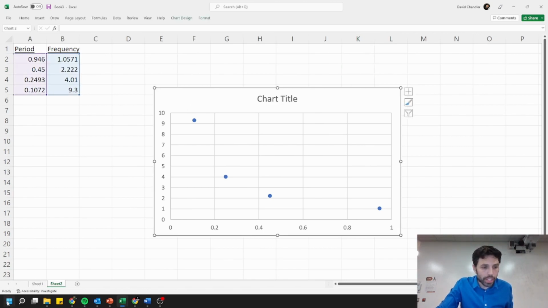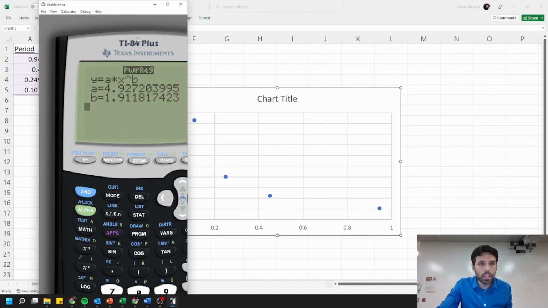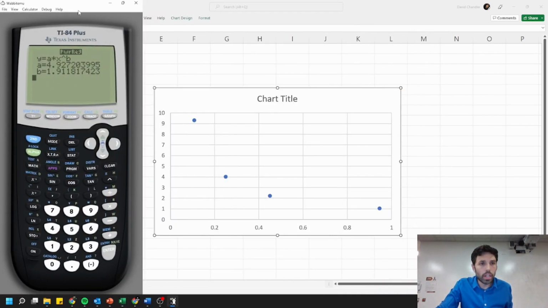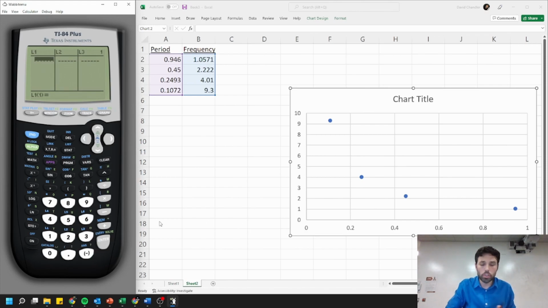To do that, I want to get out my calculator, and I'm sure there's a way to do this in Excel, but I'm not sure what it is. So whatever. Go to Stat, Edit, and I'm going to put in these numbers here. Clear this old list out, put in my new list. 0.946. Oh, not negative. 0.946.